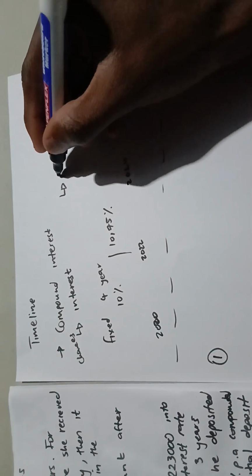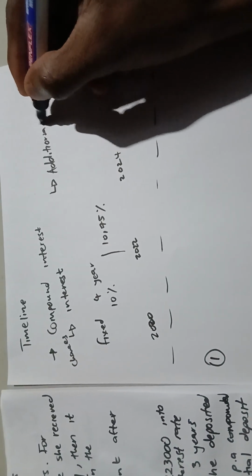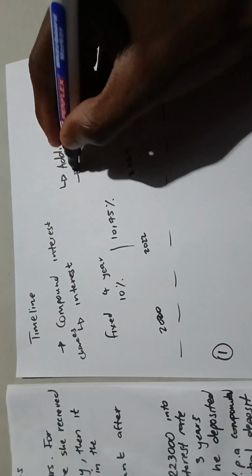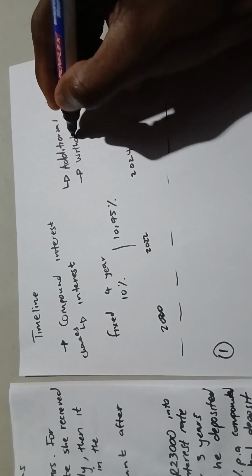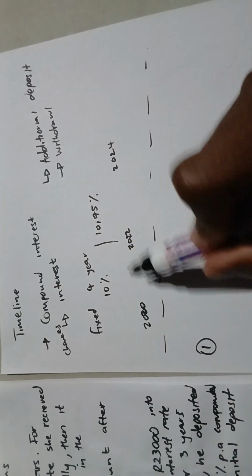So what are withdrawals? Remember, there is an additional deposit into the investment account, and then withdrawals. Now let's say, for example, I'm just going to use the same thing here.